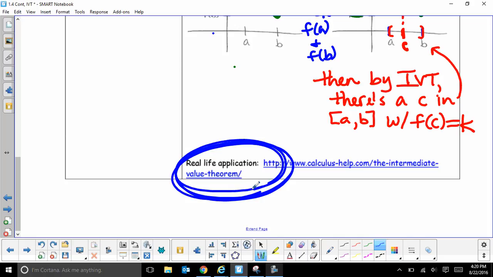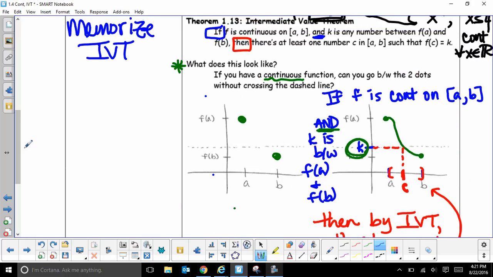Then also just some other real life examples are age, height, weight, and we can talk about those in class a little bit more. But you know the IVT, and you've now seen several ways to apply it. Your job is going to be to work on your writing and make sure it's AP quality.